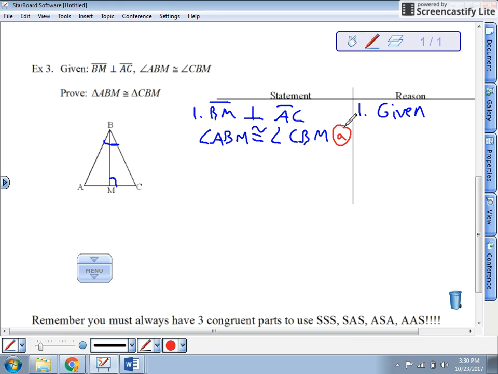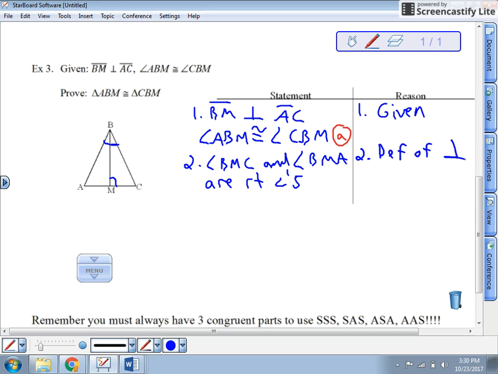Well, now let's use that other given information. Since we know it's perpendicular, we've got to state which angles are right angles. So we're going to say that angle BMC and angle BMA are right angles. You got to state that. How come? Because that's the definition of perpendicular.